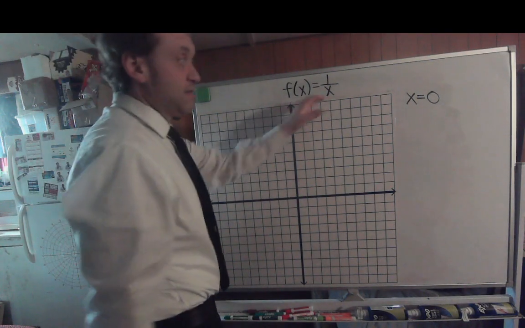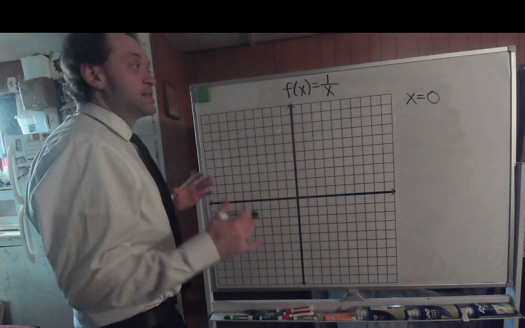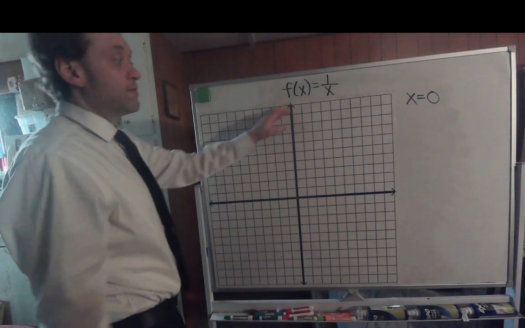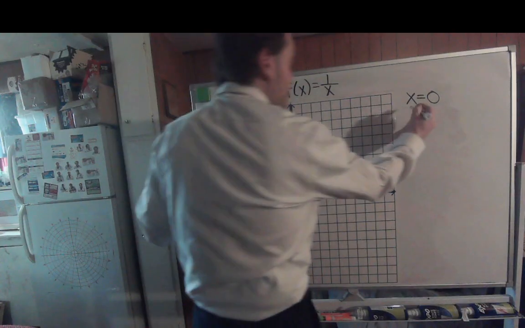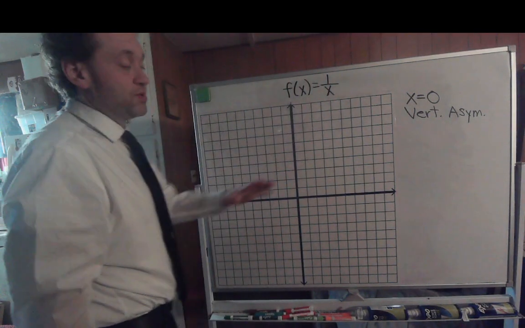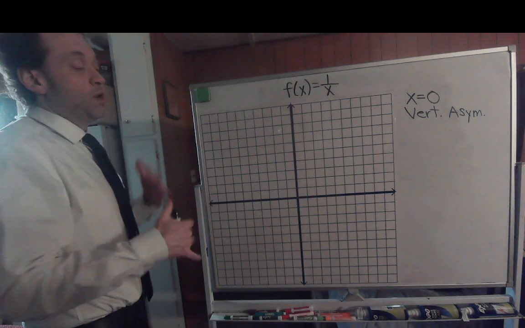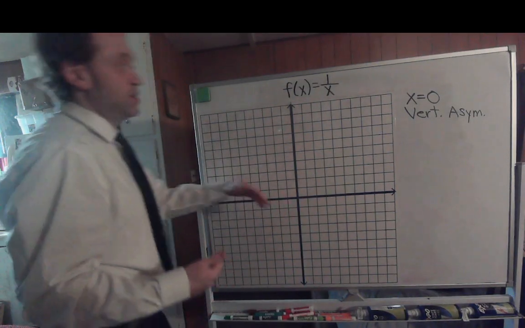That would make this undefined, right? So that means when x equals 0, that is your vertical asymptote. So you actually have a vertical asymptote at x equals 0. Alright? Or whenever that denominator equals 0, this will be when you'll have a vertical asymptote.